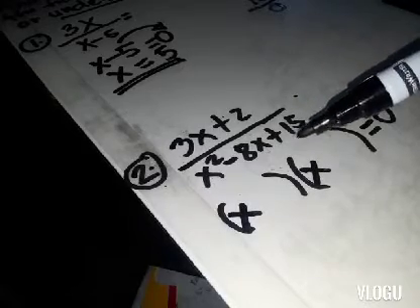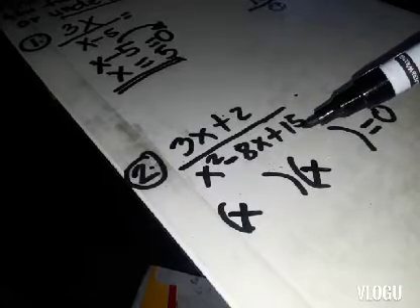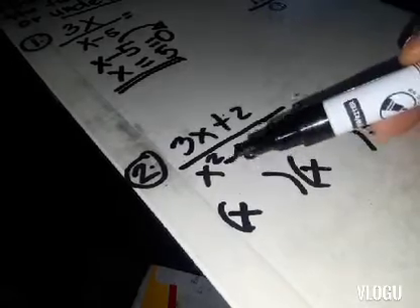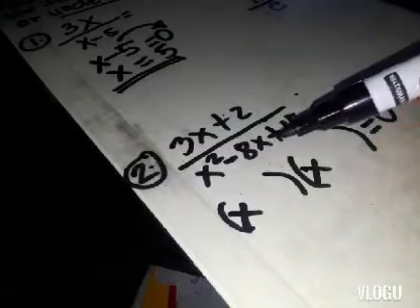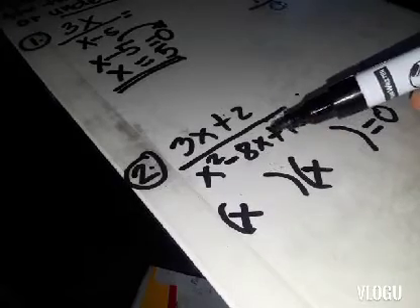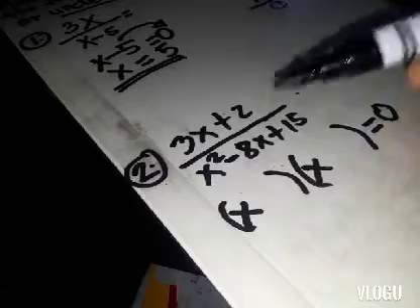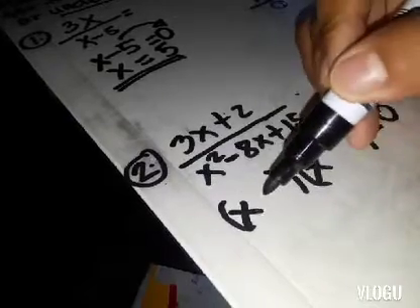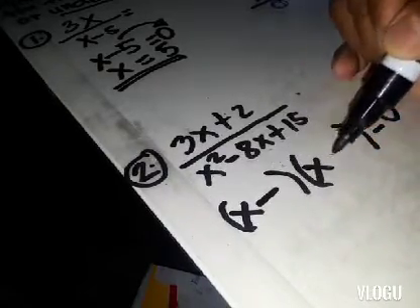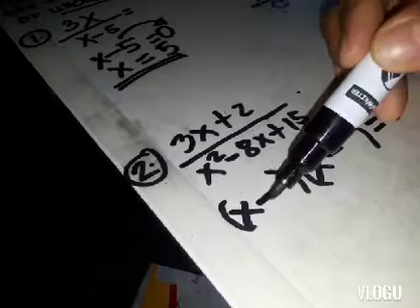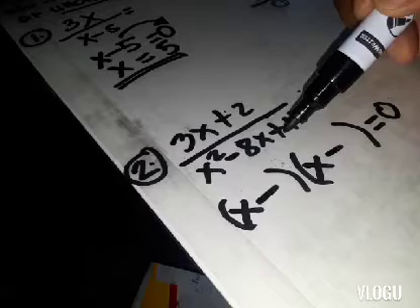Ngayon, mag-focus tayo sa dulo. Ano ang factor ng 15? Alalahanin nyo, ang gitna ay negative, ang dulo ay positive. So, kung ang dulo ay positive at negative ang gitna, possibly, ang sign natin ay negative and negative. Bakit? Kasi negative times negative ay magiging positive.